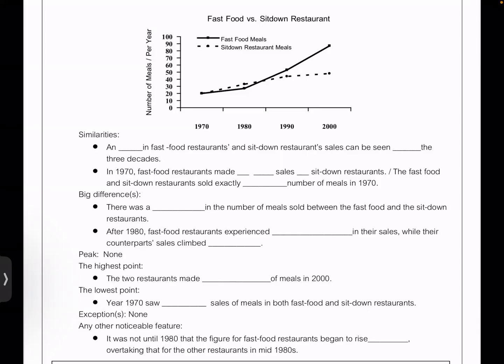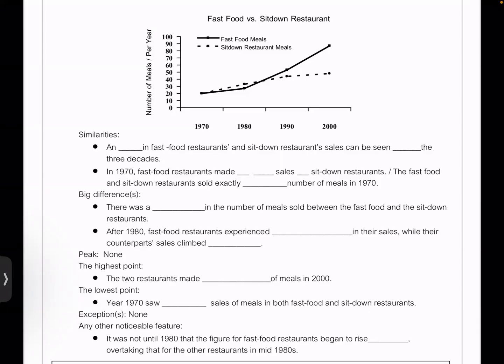So the sales increase at a uniform, or not at a uniform speed, okay, with a positive slope. So we can say throughout the 30 years period, both sales have an uptrend.